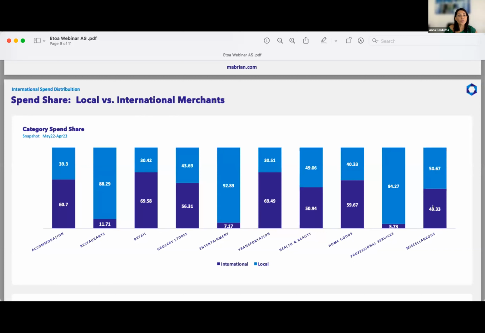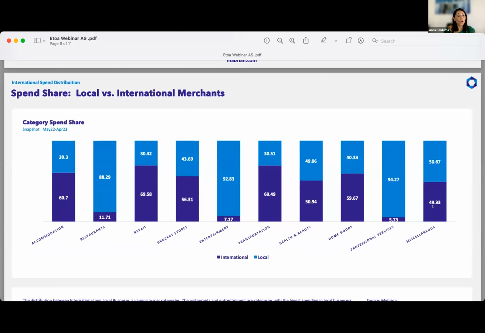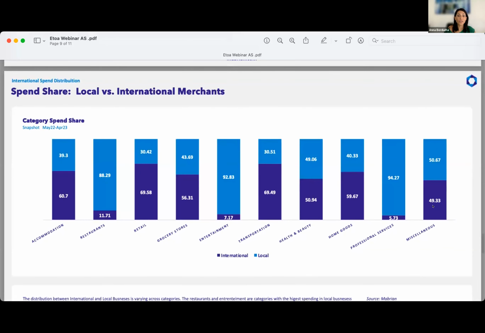So in this chart, we're trying to see the share of the spend in local versus international merchants. As you can see, it varies a lot from one category to another. When we're talking about local businesses, we can see that the main categories are entertainment and restaurants. However, for the international merchants, we can see higher spend in categories such as accommodation, home goods, and retail.